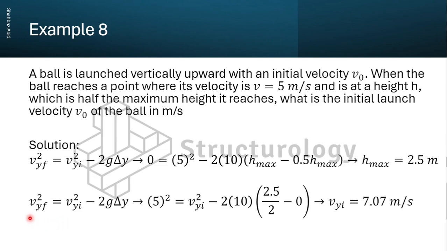So now the final velocity can be considered as 5 and the initial velocity is unknown, and now we have h max over 2, which is the final height at which the velocity is equal to 5 meters per second, and the initial position is going to be 0 because it is launched from the ground level and the ground level is considered as origin here. So we can get the initial launch velocity of the ball as 7.07 meters per second.